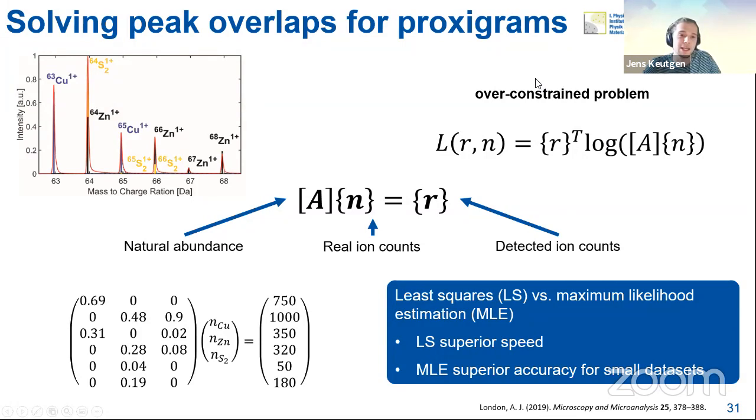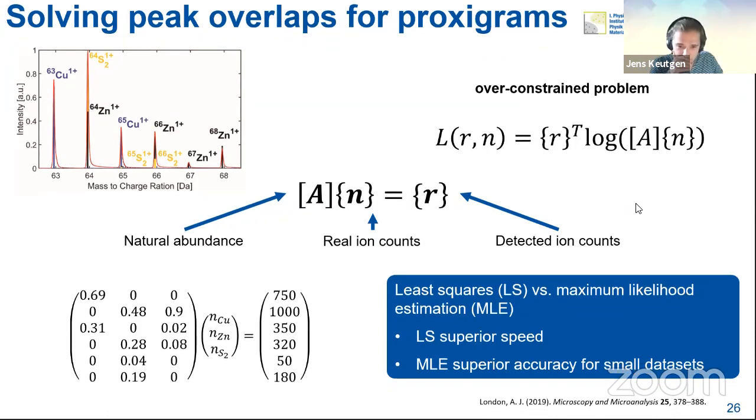So we made our own tool together with the work of Andrew, which used the natural abundances of the different ions in each bin of the proximity histogram in a maximum likelihood estimation to get some nice data out of the uncorrected proxigram.